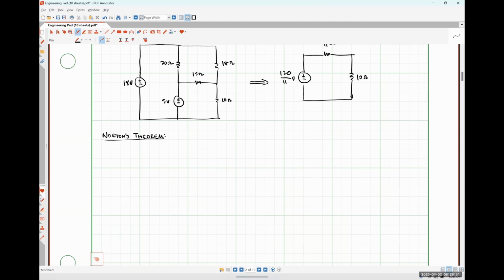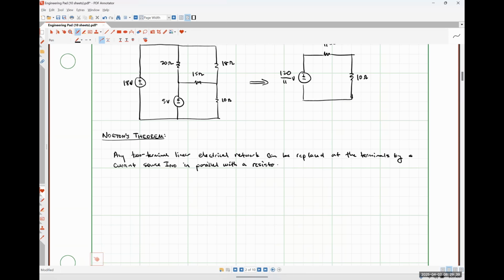Any two-terminal linear electrical network can be replaced at the terminals by a current source, I Norton, in parallel with a resistance R Norton.